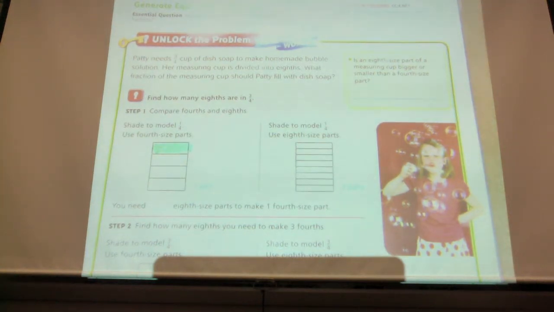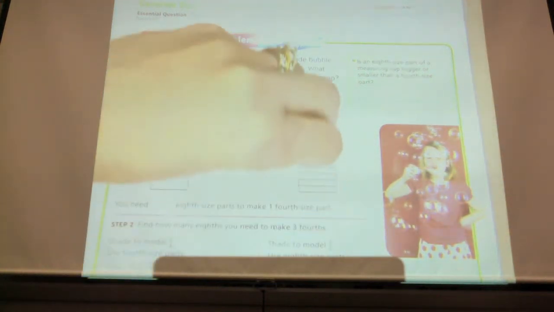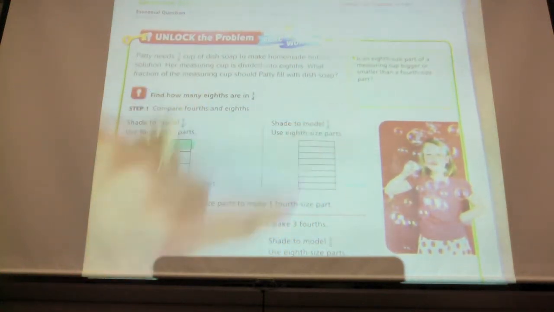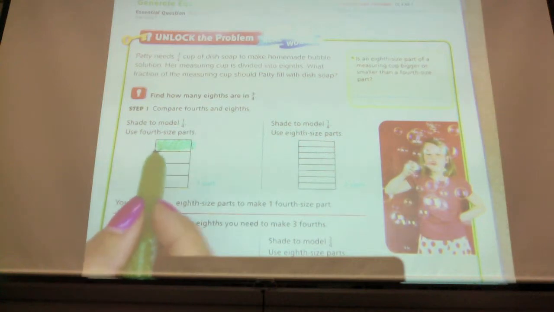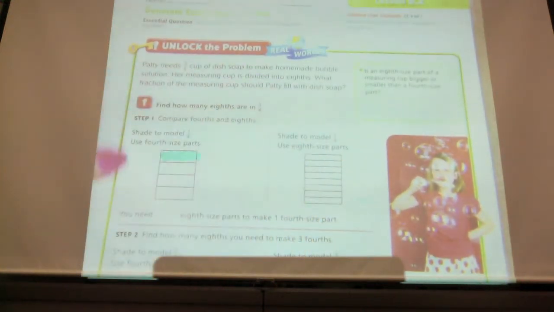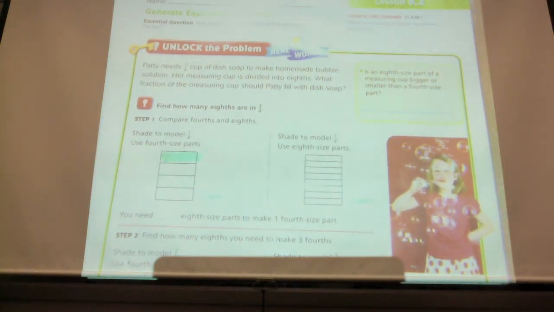So go ahead and take your pencil and shade in 1/4. All right, how would I shade in something that's equal? If I have this little model over here that shows it in 8ths, how many am I going to shade to make it equal the size of 1/4? Raise a quiet hand when you can tell me. How many of these 8ths will I need to shade in to equal the same size as the 1/4? Raise a quiet hand when you know.